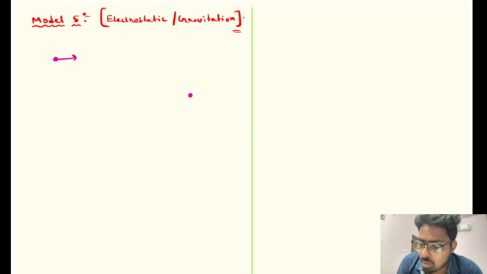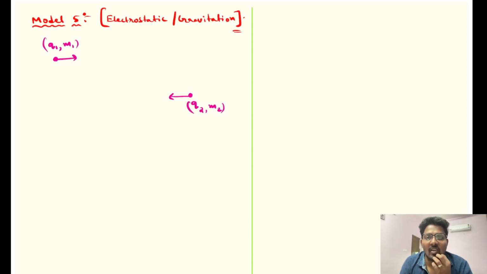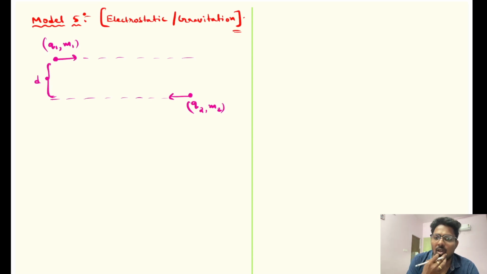But here I am creating a scenario where both can move. Let's say something like this. Let's say this is q2 and m2. Now see how I'll be solving this question. Let's say initially the separation between them is infinite, and they'll tell the distance between the lines of motion of these two things is d.